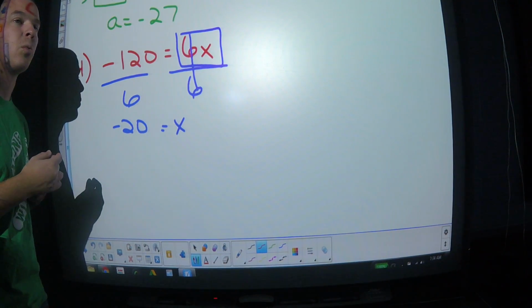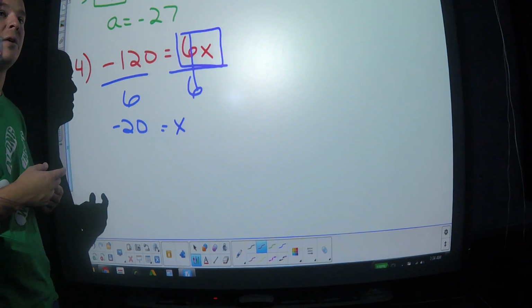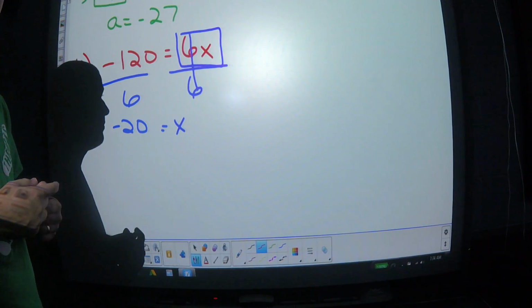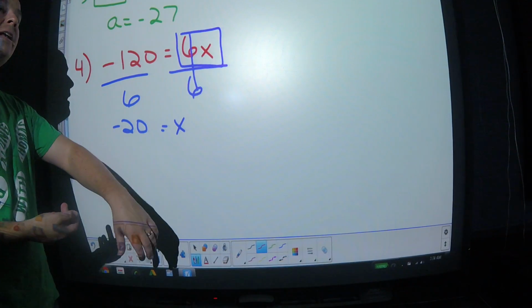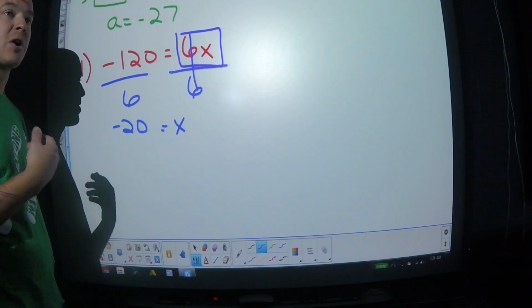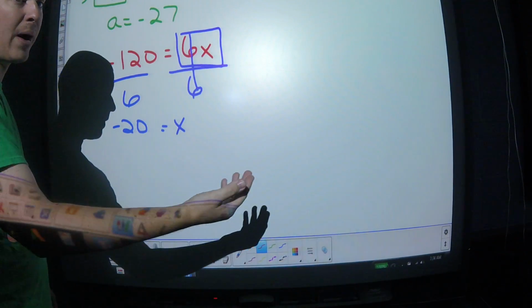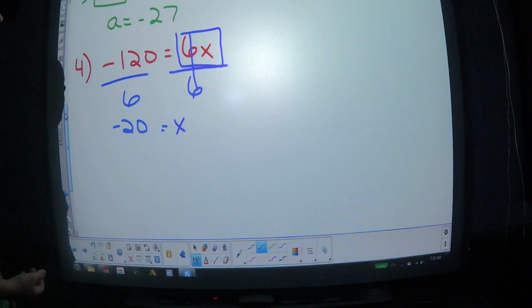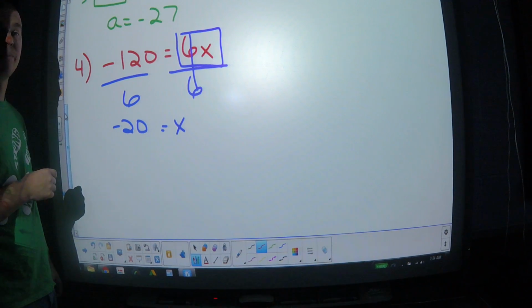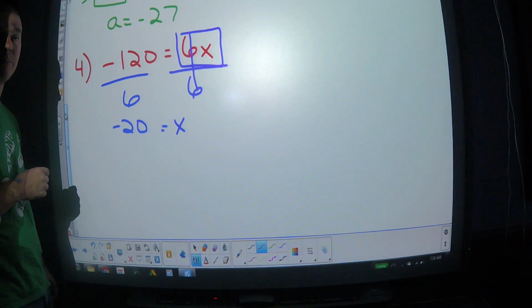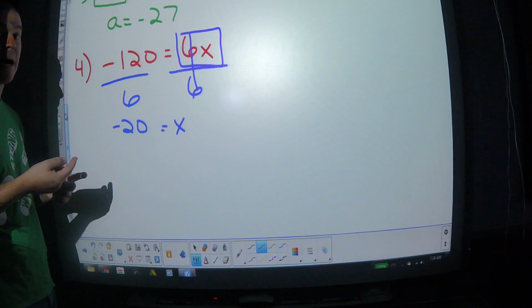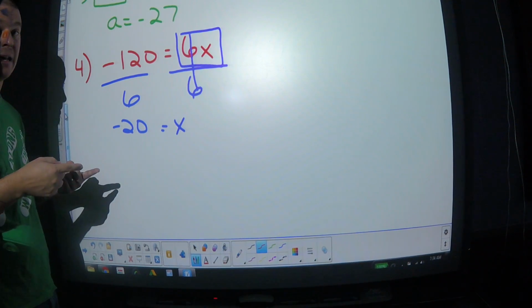So you got to remember your rules from the previous unit, which is when you're adding a positive, you go to the right on the number line. Adding a negative, you go left. When you're subtracting a positive, you go left. When you're subtracting a negative, you go right on the number line. Other than that, the other rules of multiplying positive and negative numbers: 2 negatives make a positive, opposites make a negative.